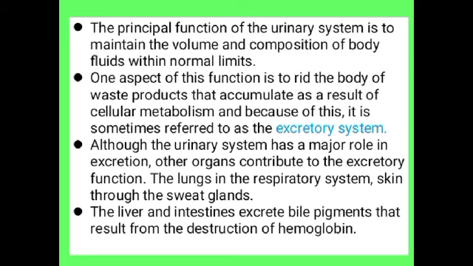Some organs apart from the kidney, the primary organ of the renal system, are also the liver and the intestines, which excrete the bile pigment formed from the liver due to digestion and the destruction of hemoglobin, the red pigment within red blood cells. All these are organs that aid in the elimination of metabolic waste from the body.